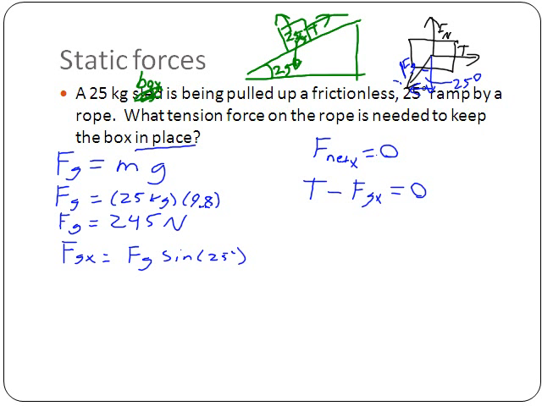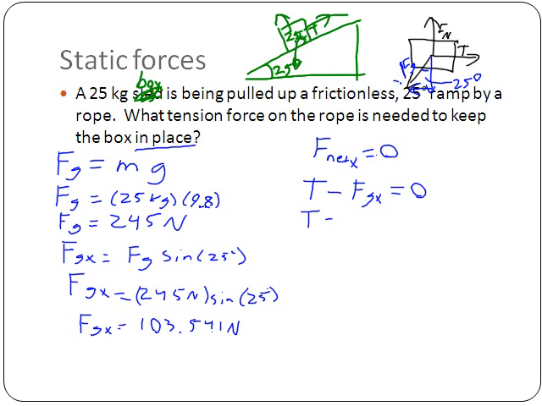Solving for Fgx, Fg is 245 newtons, so Fgx equals 245 newtons times sine of 25 degrees. Putting those into a calculator and working them out, I get 103.541 newtons. And so that's my x component of the force of gravity.